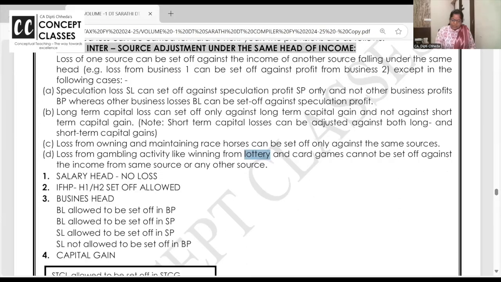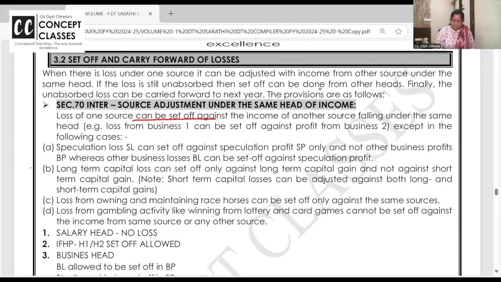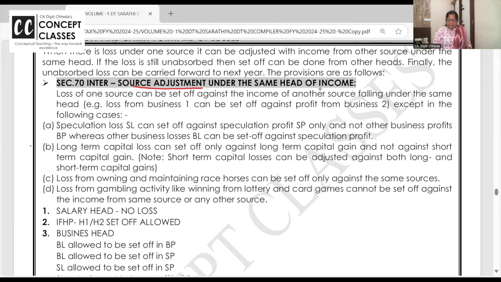First is inter-source within the same head. One source within the same head. Loss from one source can be set off in another source in the same head. B1, B2, H1, H2, like that.